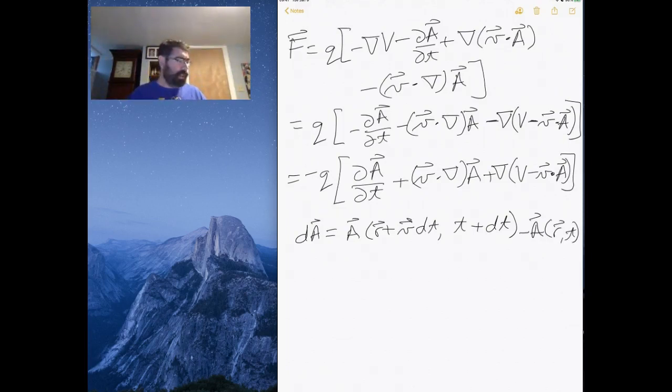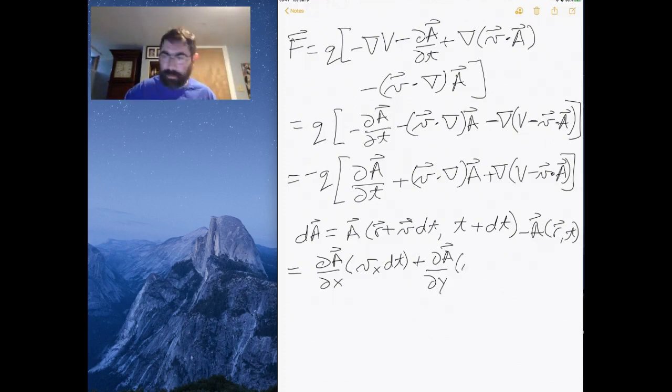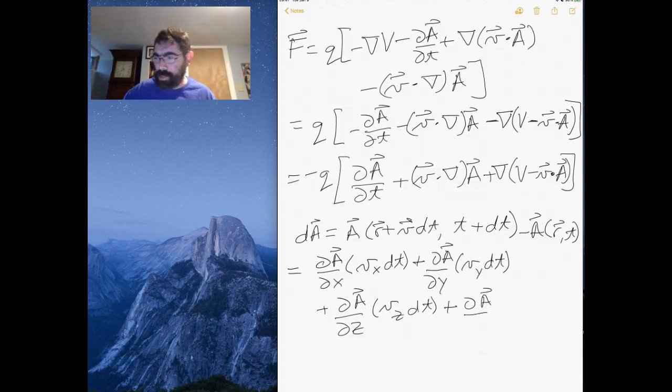Okay. Now, I can rewrite this in terms of partials as dA dx Vx dt plus dA dy Vy dt plus dA dz Vz dt plus dA dt dt.